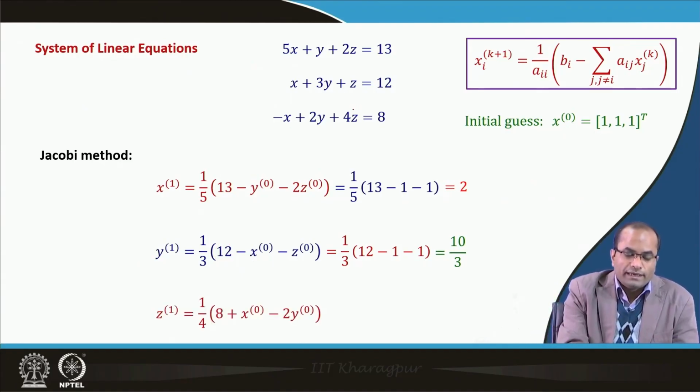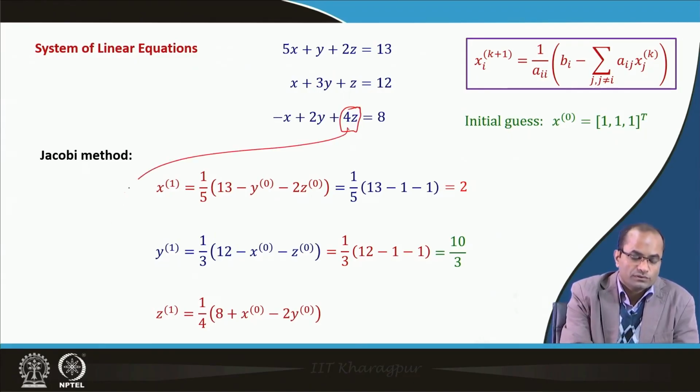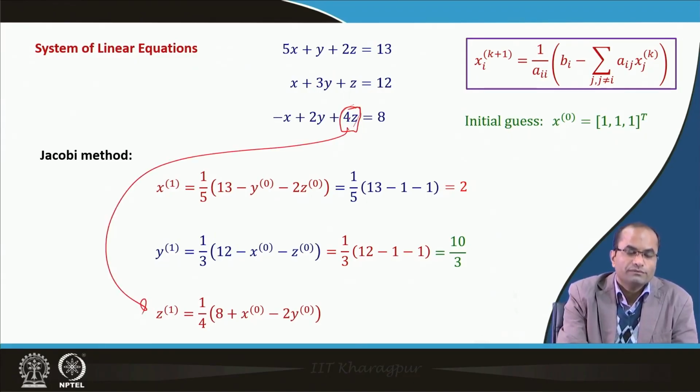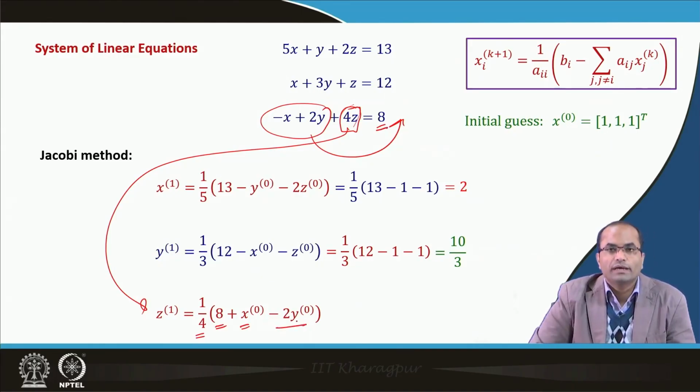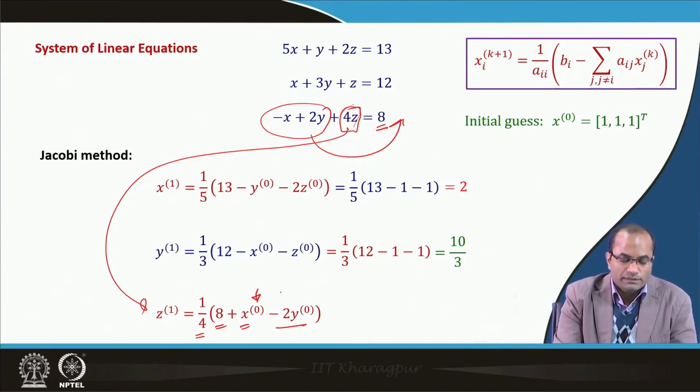In the third equation now we will write for z. So, that means this 4 z will remain here and minus x plus 2 y will go to the right hand side, and then we will divide by 4 also. So, we have 1 by 4, then the right hand side was this 8, then we have plus this x and minus this 2 y, and then we have set up these iterations.